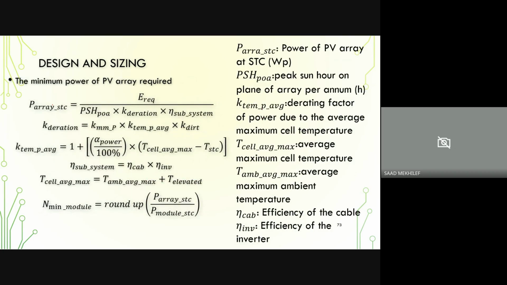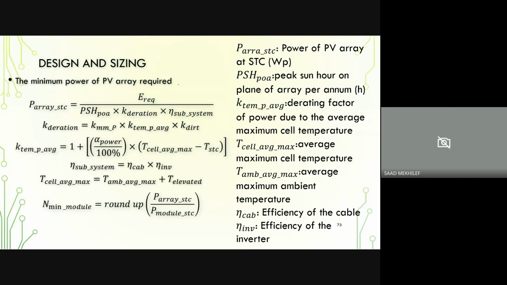So for the design, the minimum power requirement, as I say, is very detailed. I don't think we will have enough time to go through all of this, but I will share these slides with you so you can make use of them. These are the calculations.